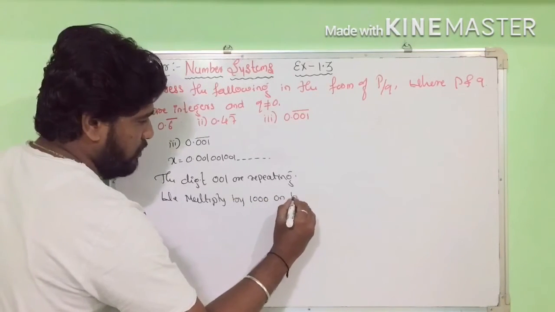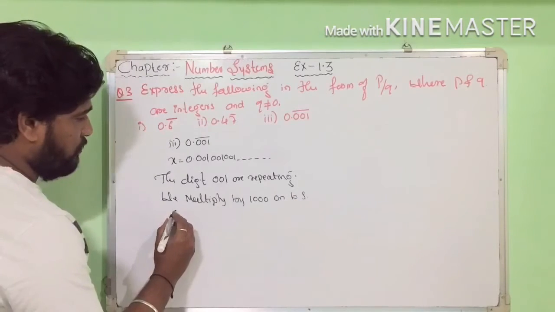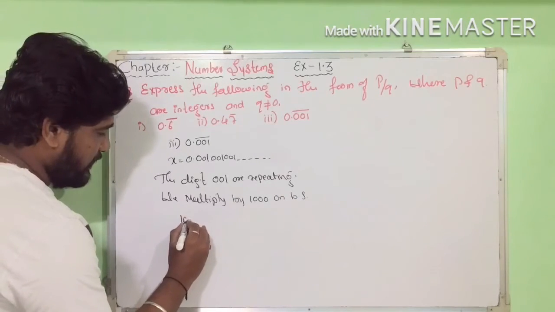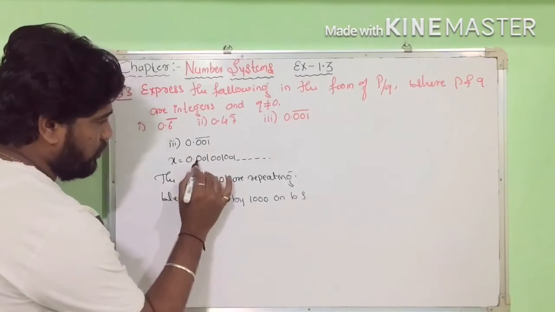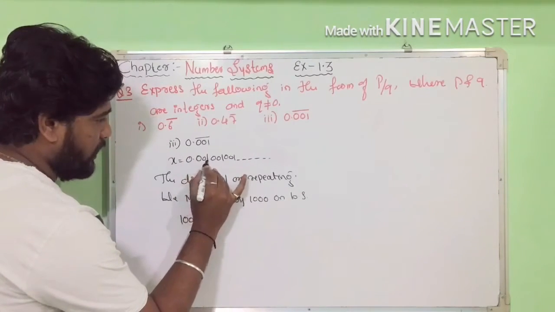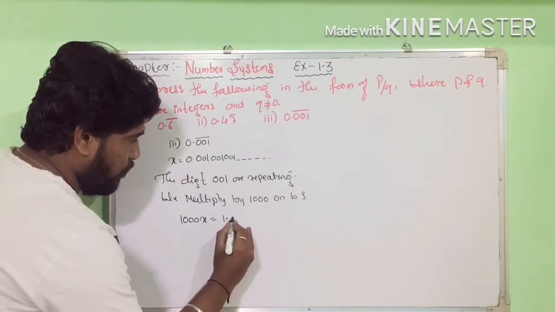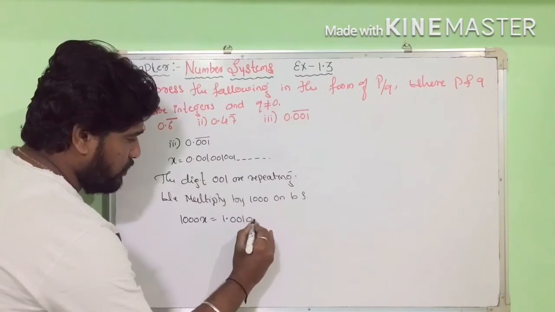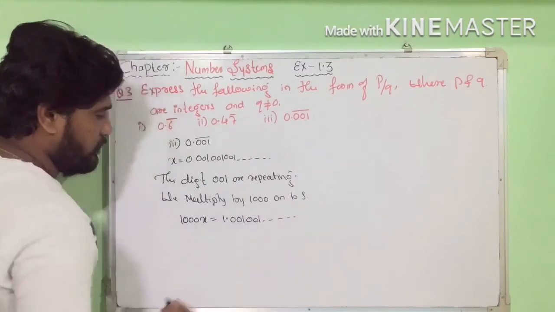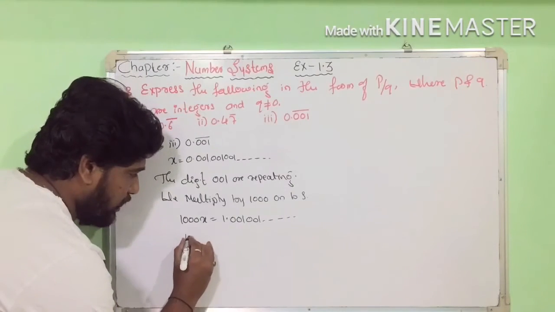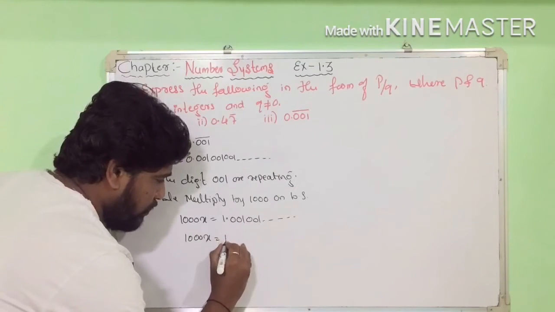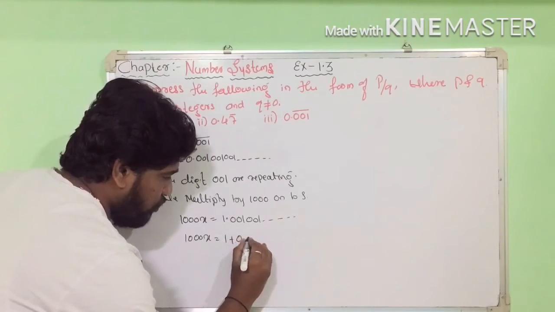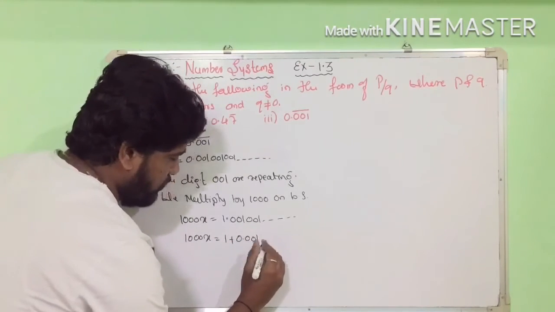1000 on both sides. So now 1000x is equal to, so 1000 means this point comes here, 1.001 and so on. So now here 1000x is equal to, this one we can write 1 plus 0.001.